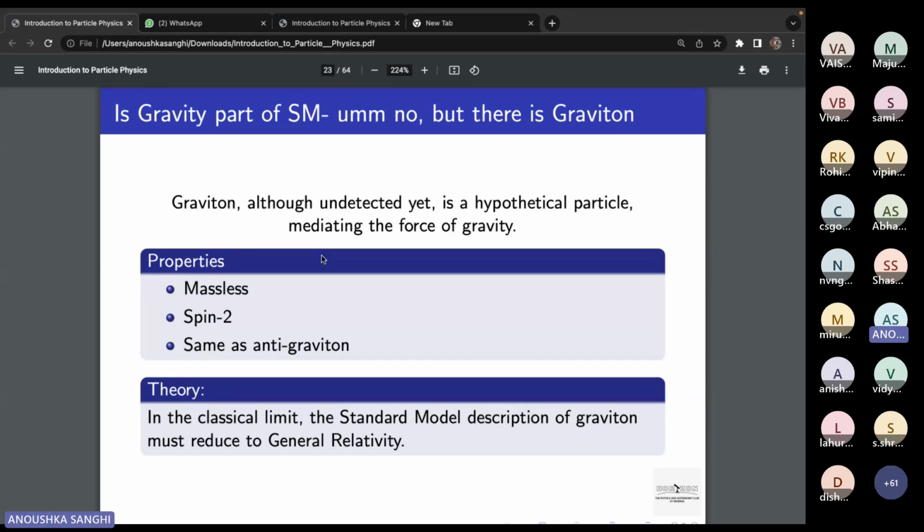But the question we can answer is why gravity should be part of the standard model. We can explain it by the theory of gravity, or Einstein's theory of gravity. Suppose you have a nucleus and an electron revolving, right?